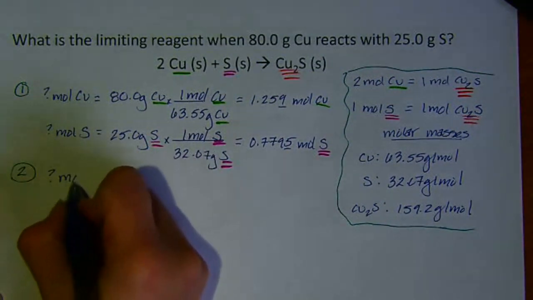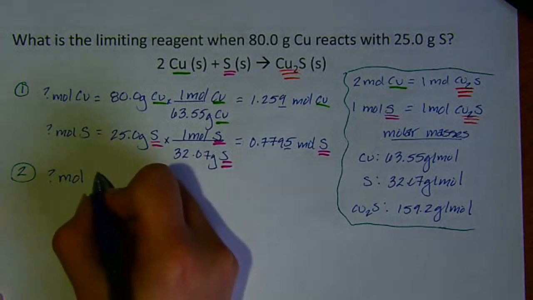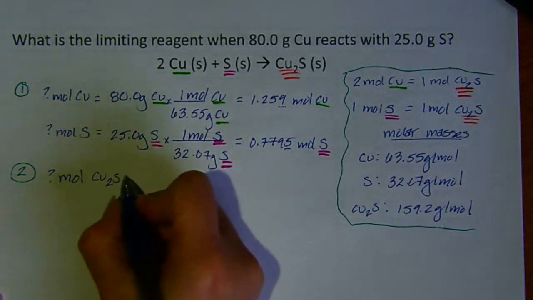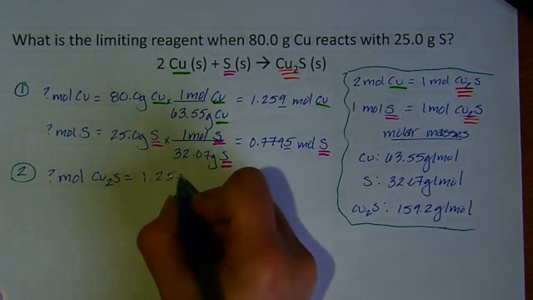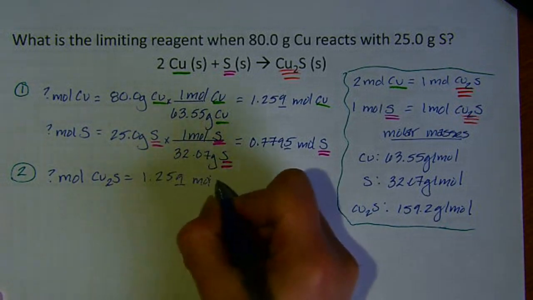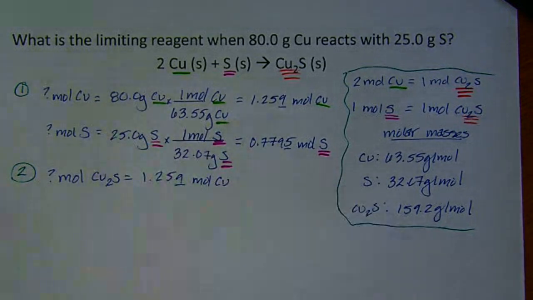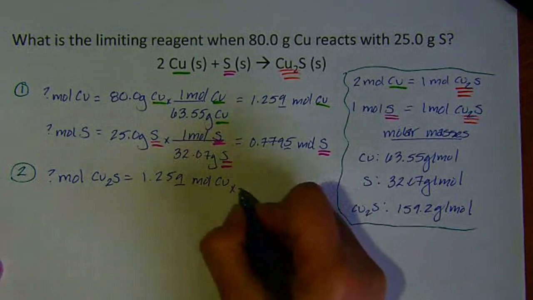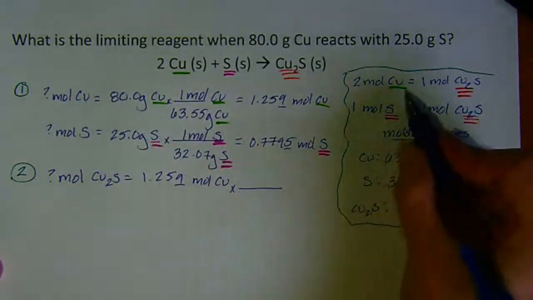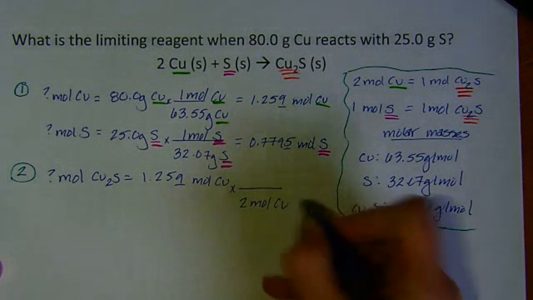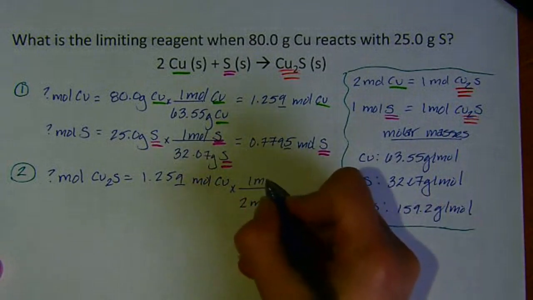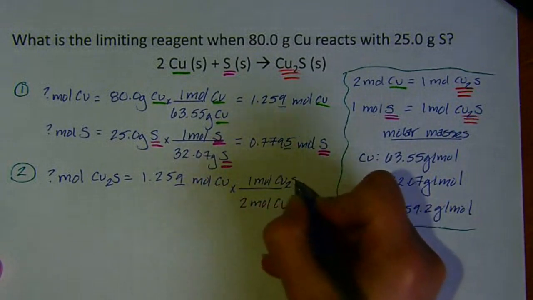We want to know how many moles of copper sulfide can I make with 1.259 moles of copper, assuming that I have enough sulfur to do that. My mole ratio: for every 2 moles of copper that react, that's going to produce 1 mole of copper sulfide.